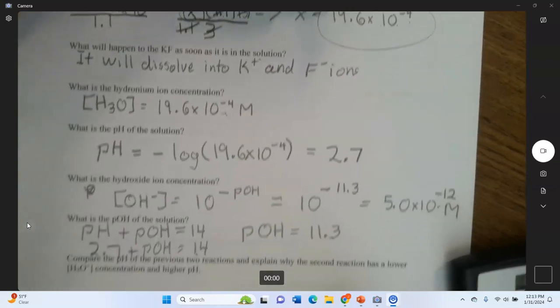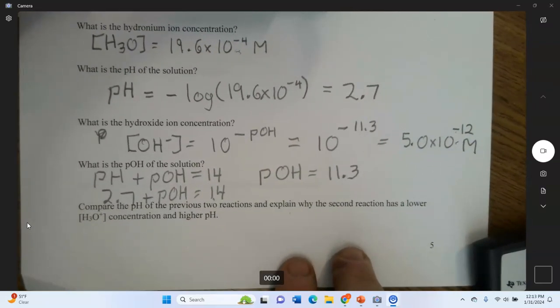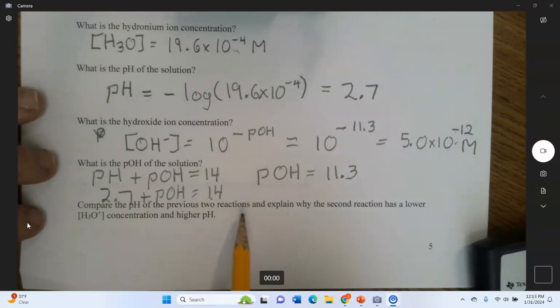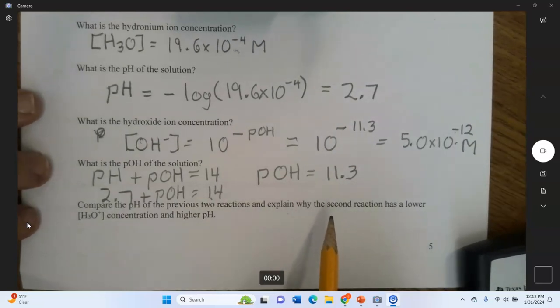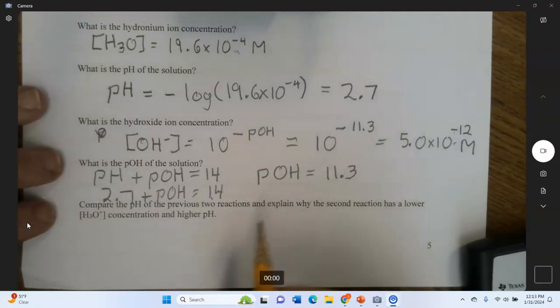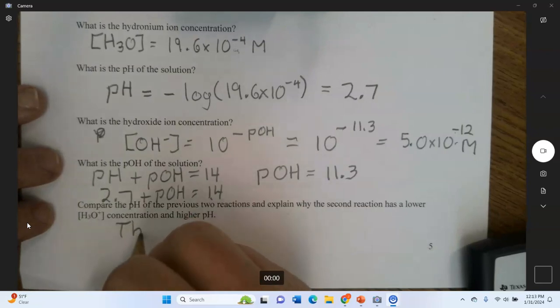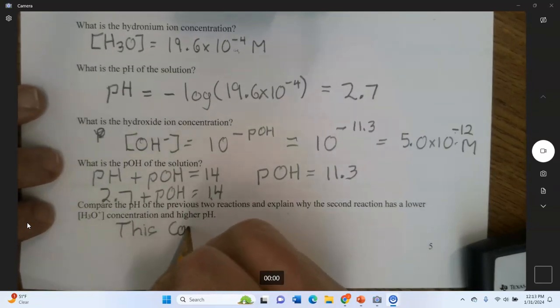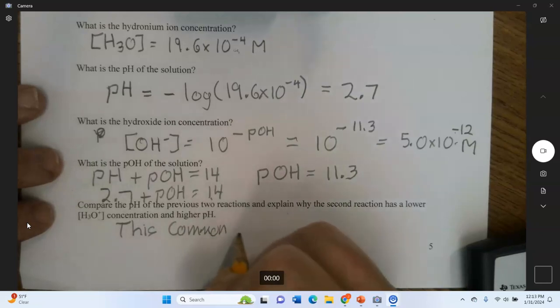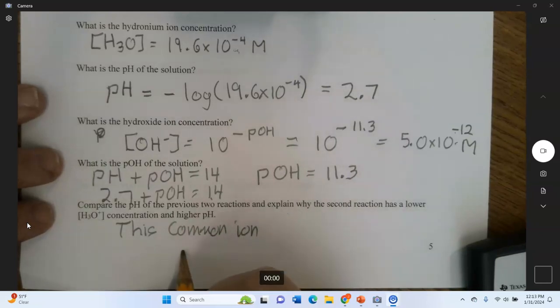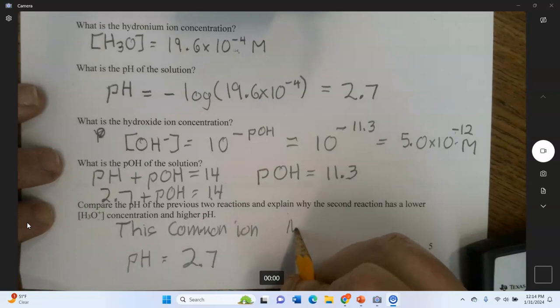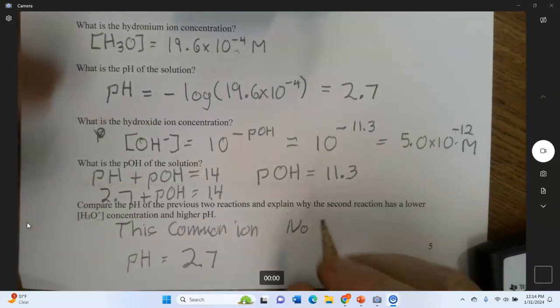Okay, and now it doesn't ask you to do the 5% rule. It says compare the pH of the previous two reactions and explain why the second reaction has a lower H3O plus concentration and higher pH. So for this one, this reaction, common ion, was 2.7 pH. Okay, no common ion, that was the last reaction.